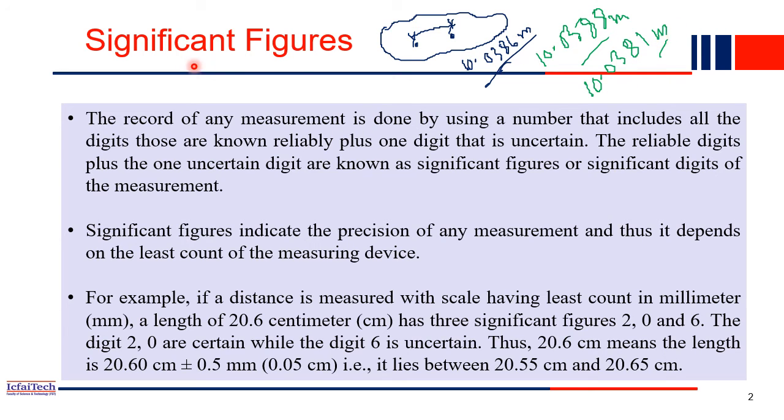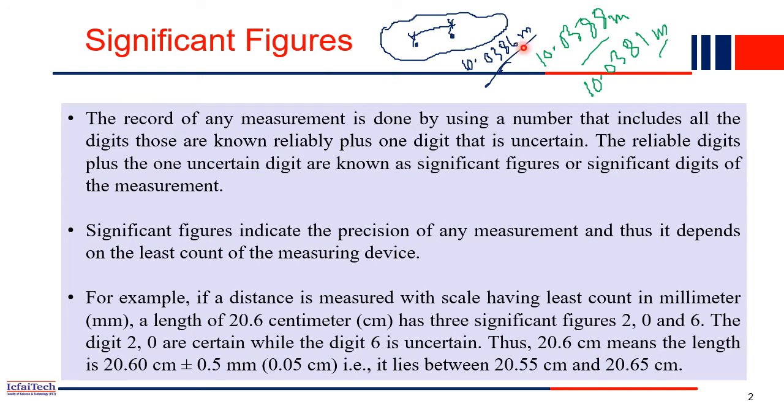So the digits up to which we have a reliable value, we call the significant number. For example, here three surveyors went to the site and measured three slightly different lengths: 10.038, 10.038, 10.038. Up to 38 it is constant, everyone got 10.038.